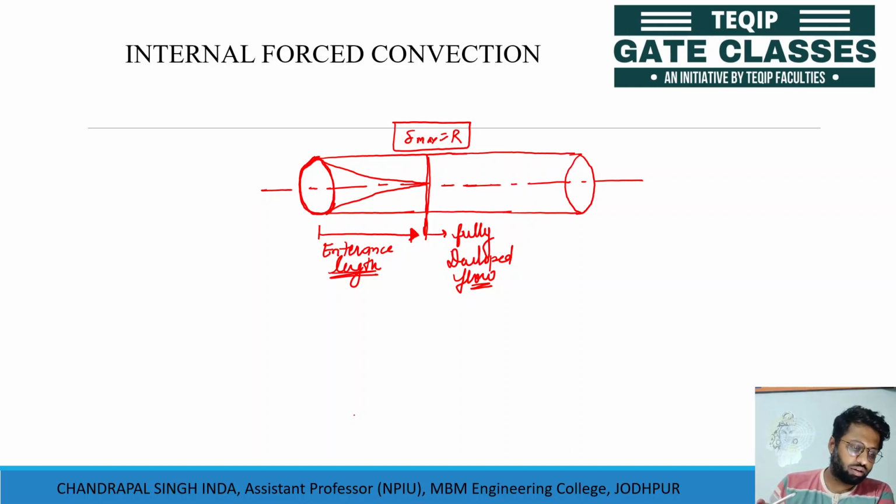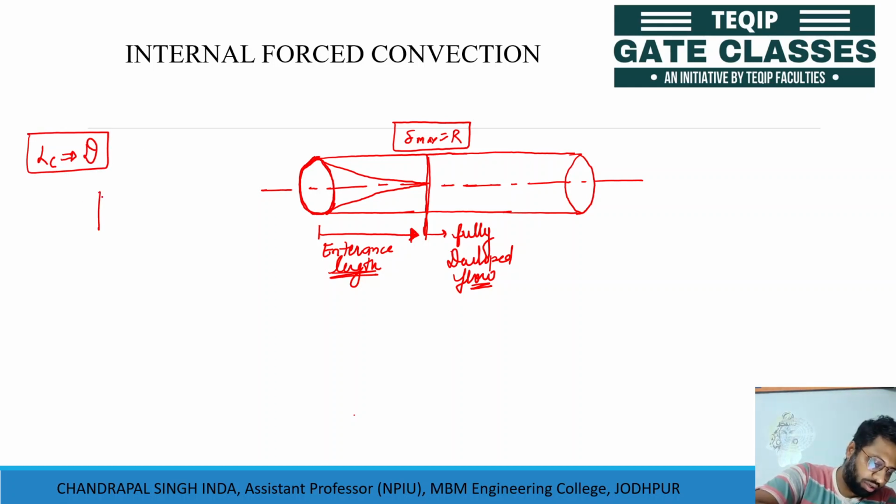Here we find the Reynolds number where the characteristic length is equal to the diameter of the pipe if the cross section is a pipe. If the cross section is non-circular, then the characteristic length is equal to the equivalent diameter, which is equal to 4A by P.